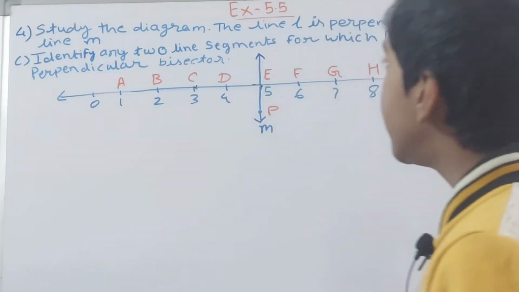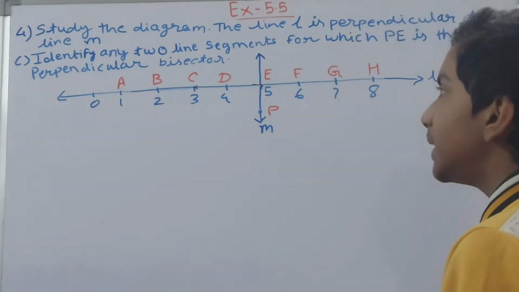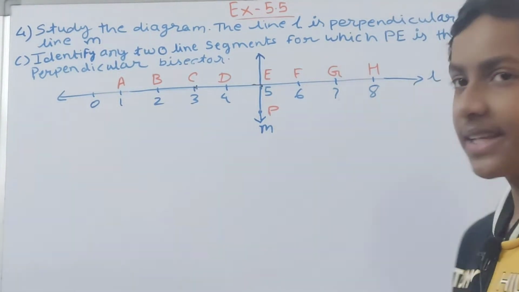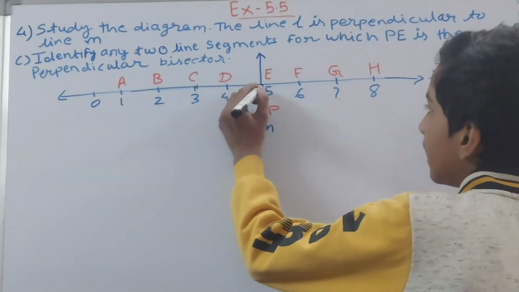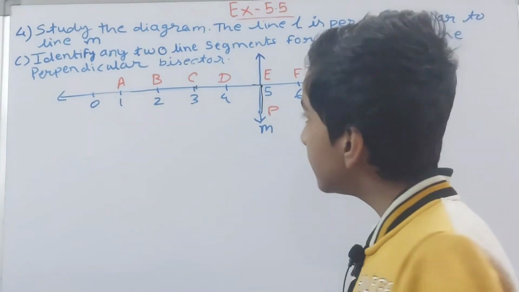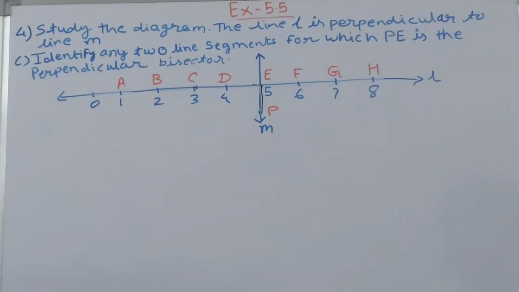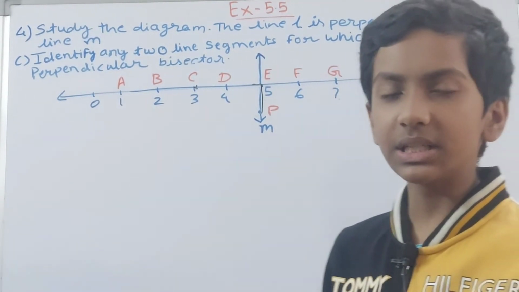This is, identify any 2 line segments for which PE is the perpendicular bisector. What is PE? This is our line PE. Now we have to identify any 2 lines for which this PE is a perpendicular bisector. What is a perpendicular bisector?